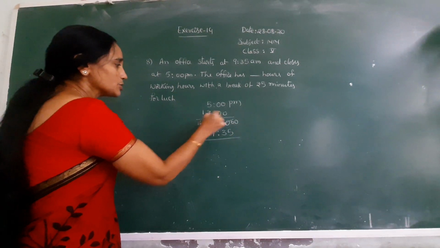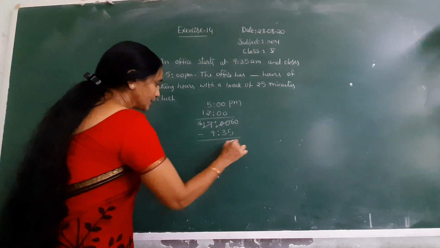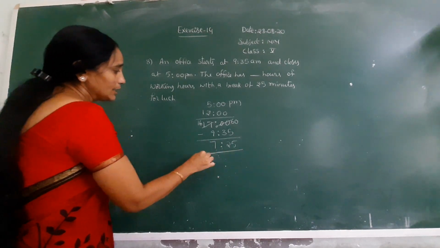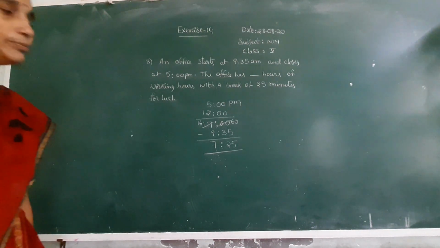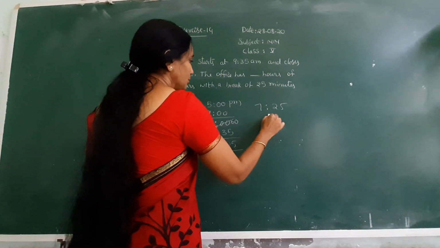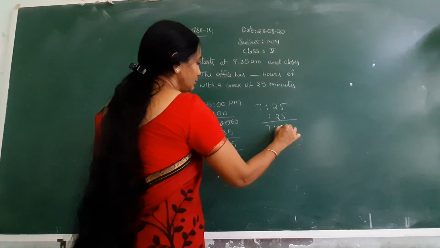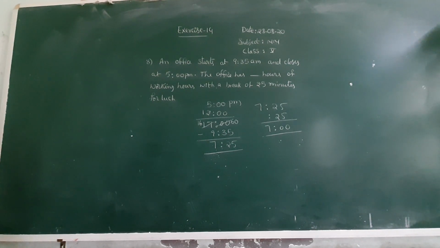You took a borrow of an hour, that's why you should write 60 here. 60 minus 35 is 25. 16 minus 9 is how much? 7. So the duration from 9:35 a.m. to 5 p.m. is 7 hours 25 minutes. But they have given 25 minutes as lunch. That is not working time, so you have to subtract. So completely the office works 7 hours.